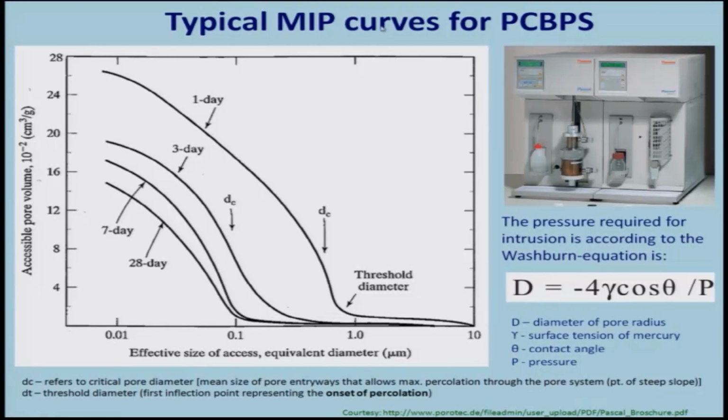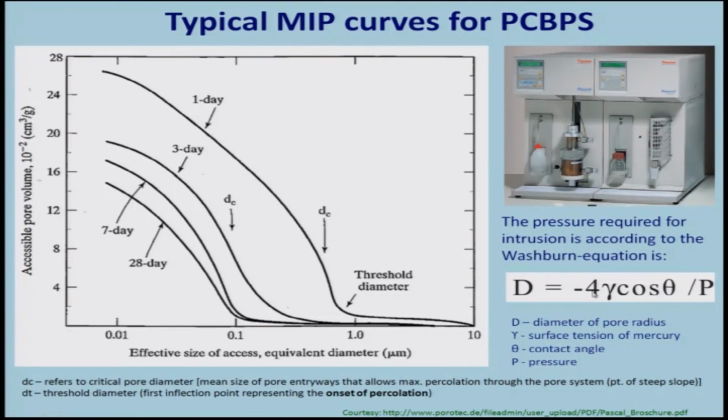So typical mercury intrusion porosimetry curves are shown here. What you find in this graph is that in the x axis the effective size of pores or equivalent diameter is shown, and in the y axis the accessible pore volume is shown in 10 power minus 2 centimeter cube per gram. Now what is this accessible pore volume?